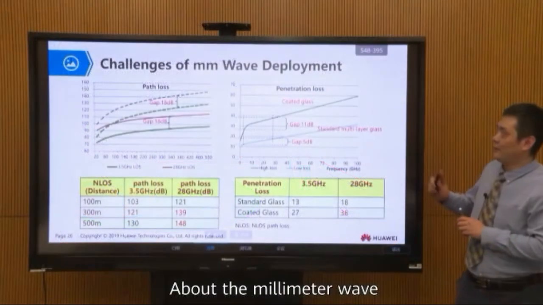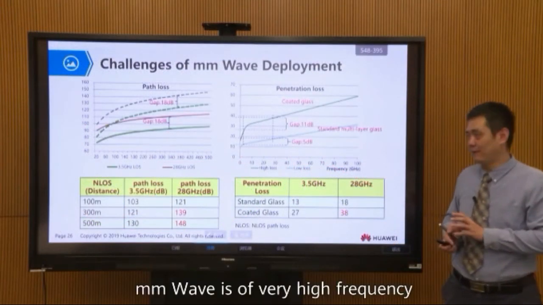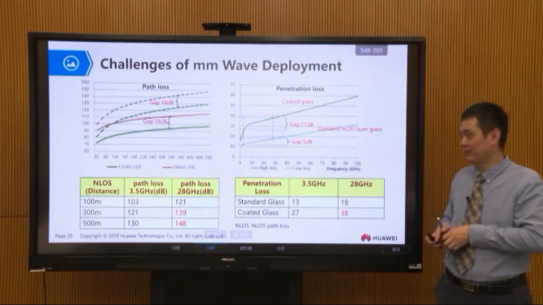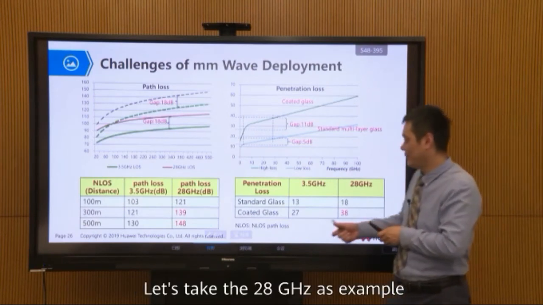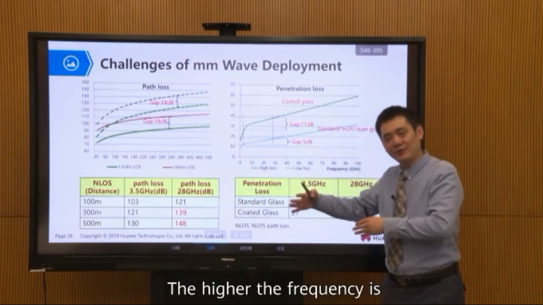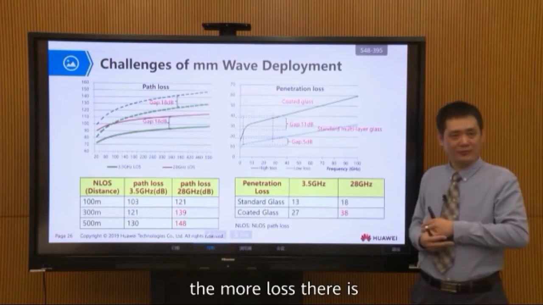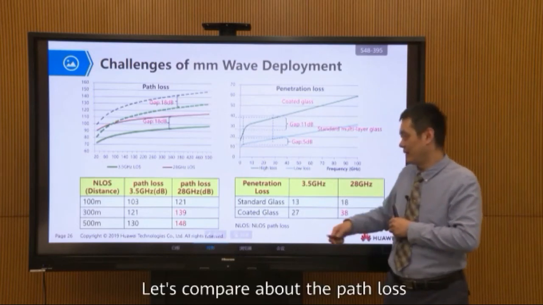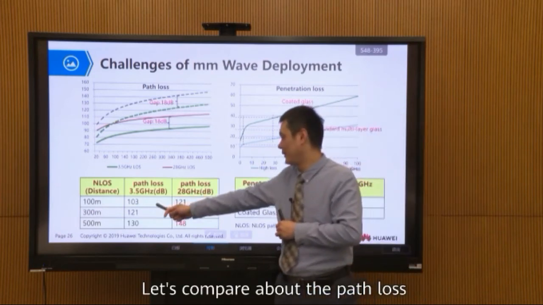About millimeter wave. Millimeter wave is of very high frequency. Let's take the 28 gigahertz as example. The higher the frequency is, the more loss there is. Let's compare the path loss.